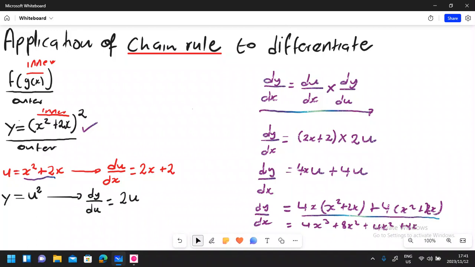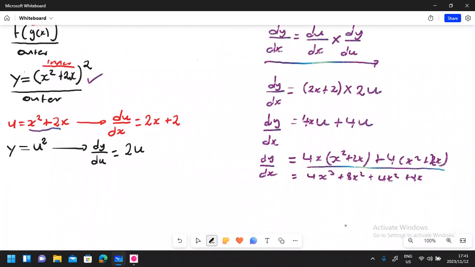So if you continue, your answer is going to be 4x cubed, and then we have the like terms here, so this is going to give us 12x squared plus 8x. So this is your final answer.